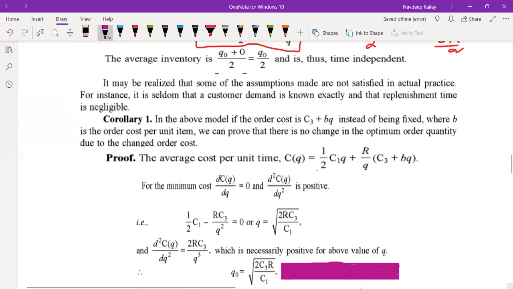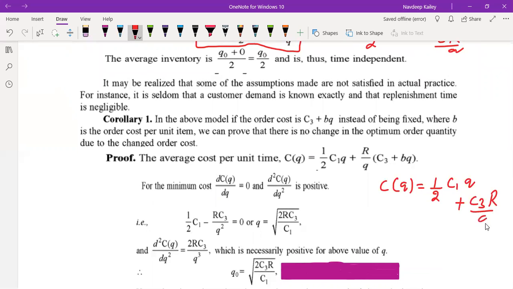The average cost per unit time in terms of quantity, which I calculated earlier, is half C1Q plus C3R by Q. Now C3 is changed to C3 plus BQ, which is the new ordering cost.